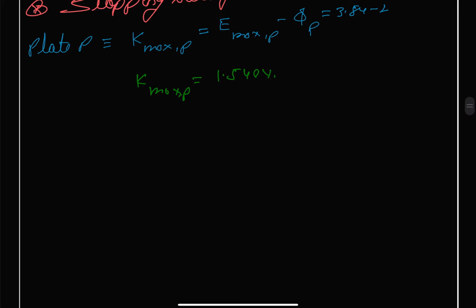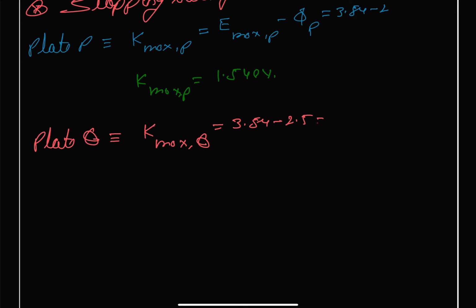Similarly, we can write for plate Q, the kinetic energy maximum for plate Q will be equal to the maximum energy for plate Q, that is 3.54, and work function 2.5.